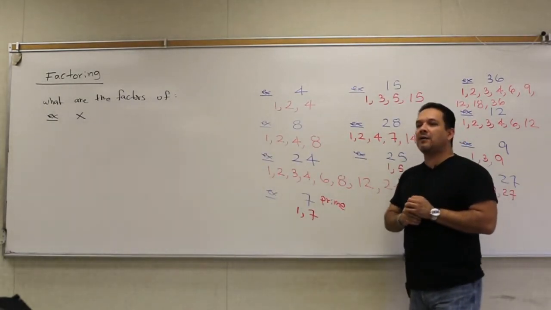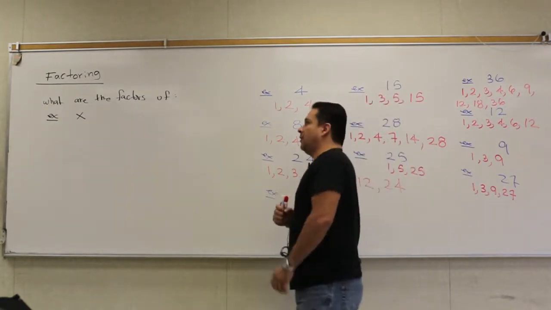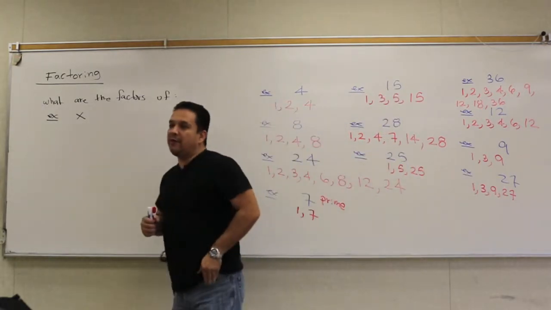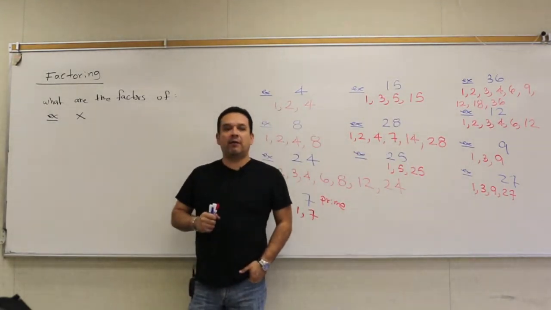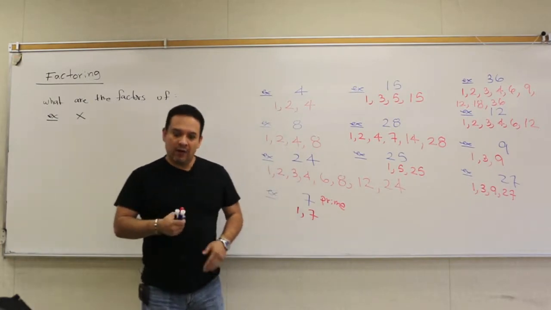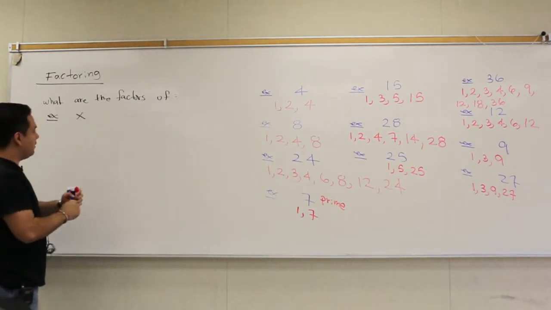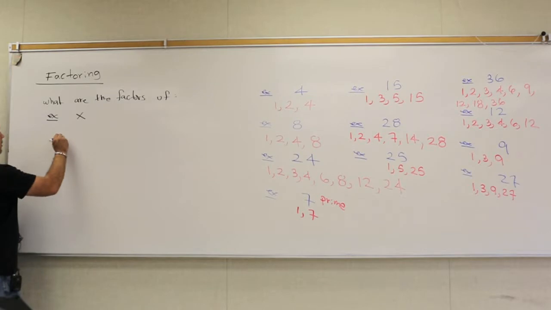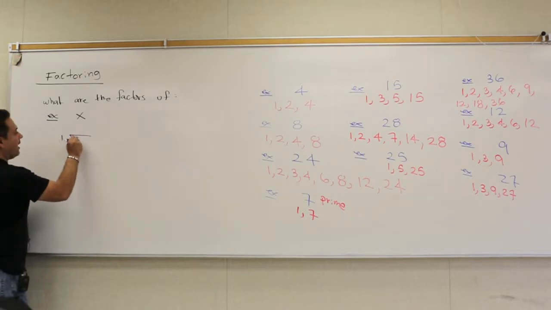How do you factor x? What do you guys think? You want to do it systematically. What do you start with again? 1. Does 1 go into x? Does the number 1 go into x?